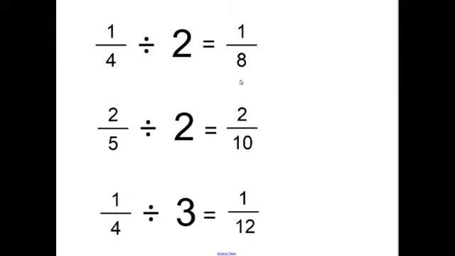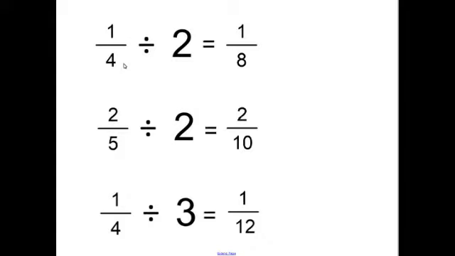Now in this case we can see that a relationship occurs between the denominator in each calculation, the divisor of the whole number, and the denominator in the answer. So if you have a look at those for a moment, you might spot it yourself. So 4, 2 and 8, 4, 2 and 10, 4, 3 and 12.